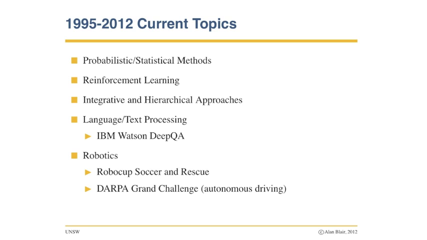I mentioned IBM's DeepQA program that won Jeopardy last year. And of course there's a lot of work in robotics as well. Military robots, domestic robots. In this school there's been a lot of work on RoboCup soccer and rescue. And some of my colleagues in NICTA have also been involved in the DARPA Grand Challenge for autonomous driving.